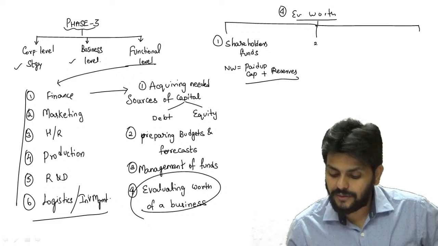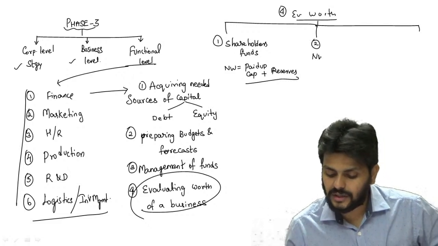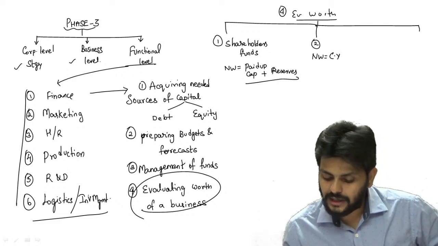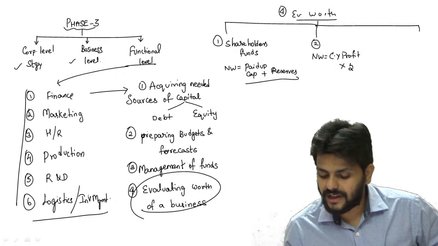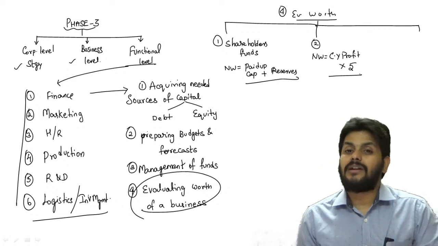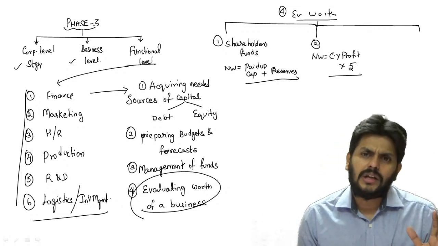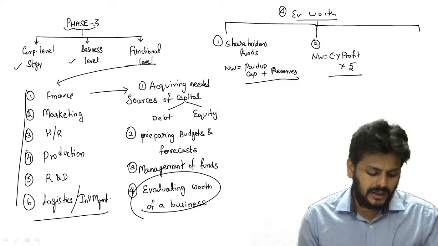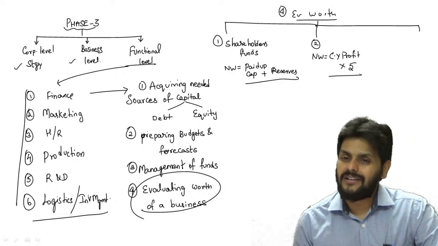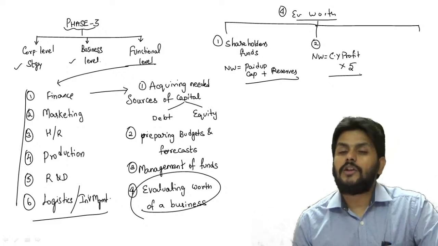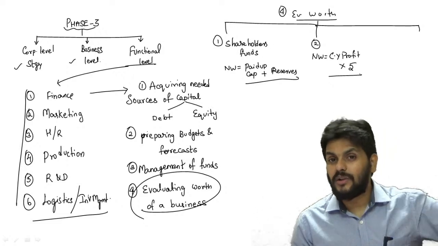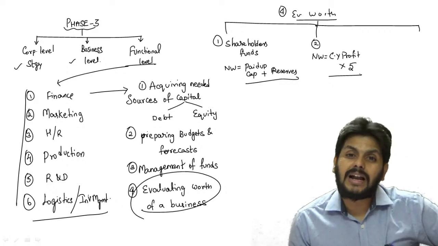The second method for evaluating worth of a business is net worth equal to current year profit into 5. What is this ballpark number? Yes, you can take 5, but sometimes it's not a very attractive method, because if there is a high current year profit and you suddenly multiply it by 5, the business valuation will go up so much, though maybe you have not performed that well in the past.